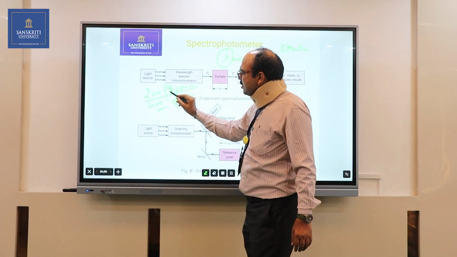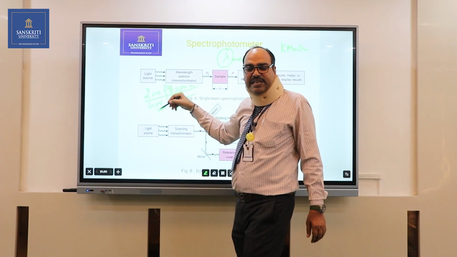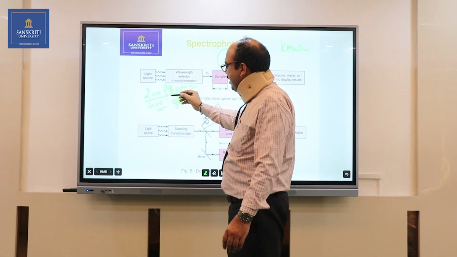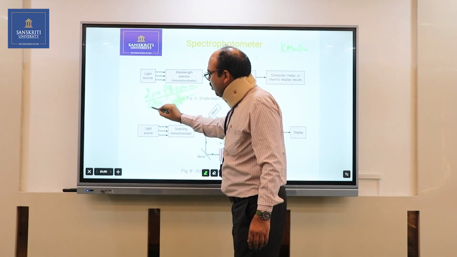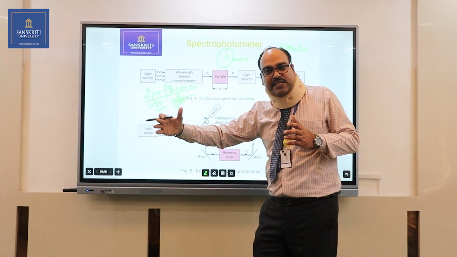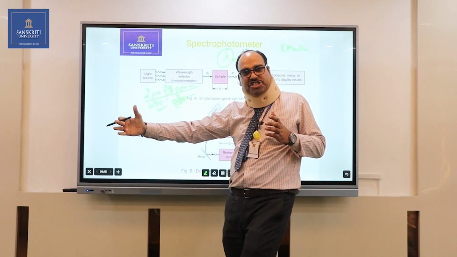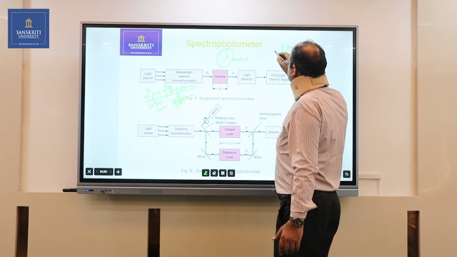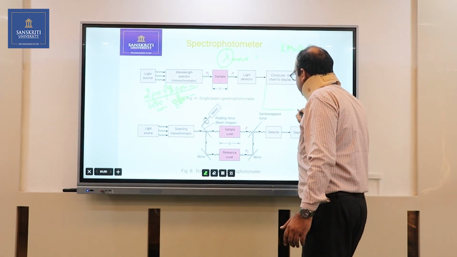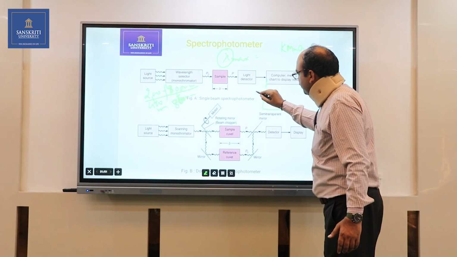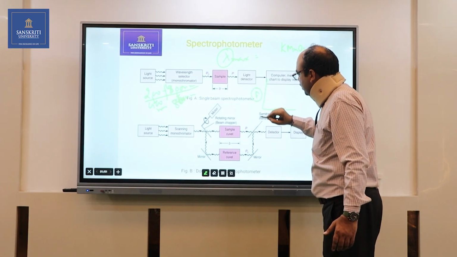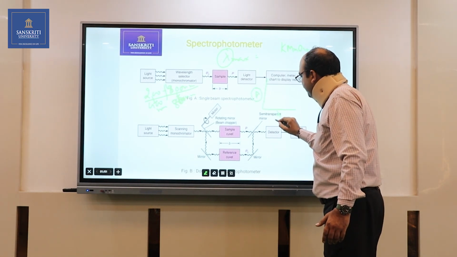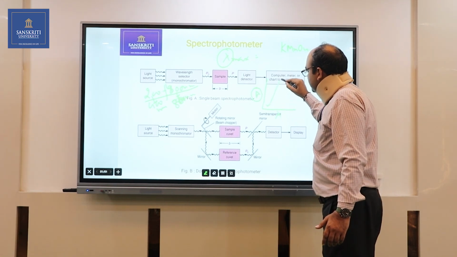So this is the range, whatever the material is sensitive to the radiation, that we have to take. We vary the wavelength with the different concentrations and find out the absorptions at different wavelengths. We get a plot, a graph, of absorption against wavelength.